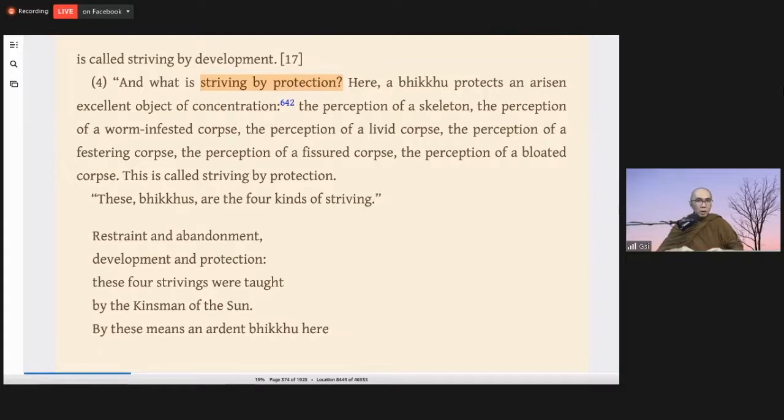That means when you are doing all this rising, falling, sitting, touching, and so on, how are you going to maintain it for the longest period of time? You need to maintain that. These are your objects of concentration right now, and you have to protect them and maintain them as long as you can.